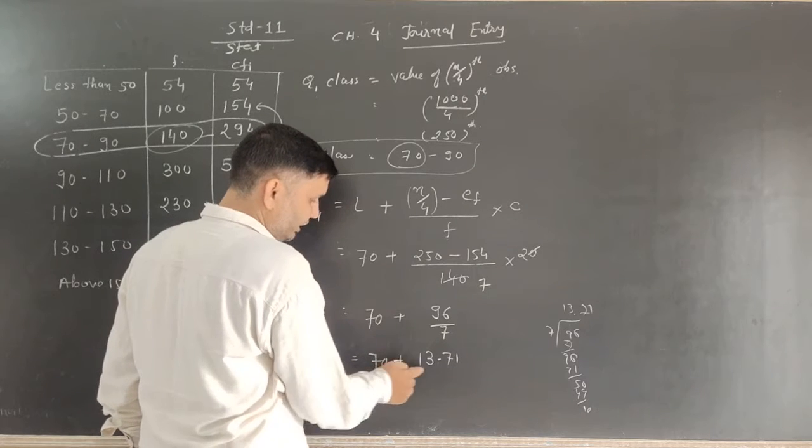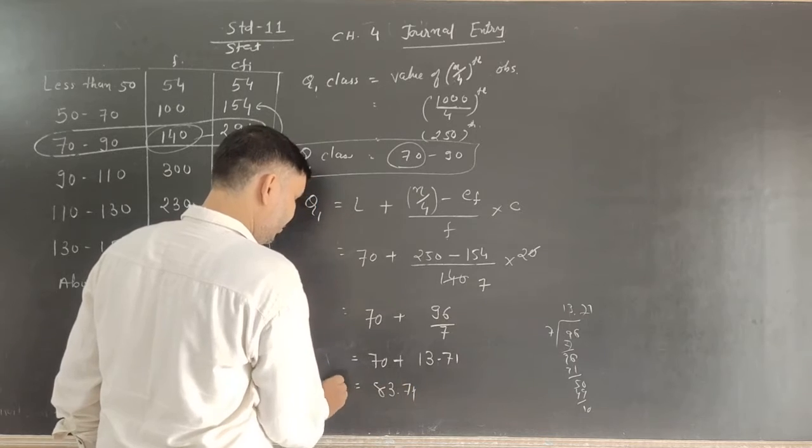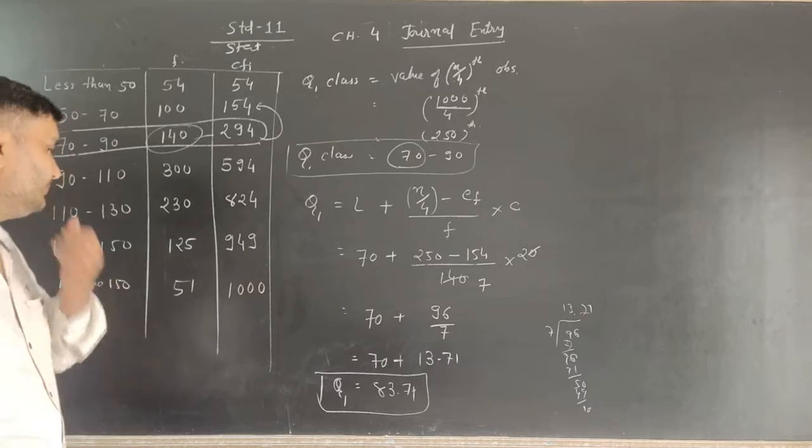So 70 plus 13.71 is 83.71. That is the answer for Q1, 83.71.